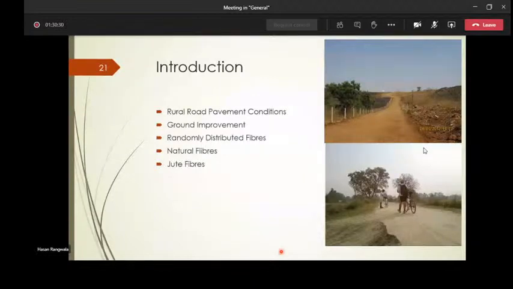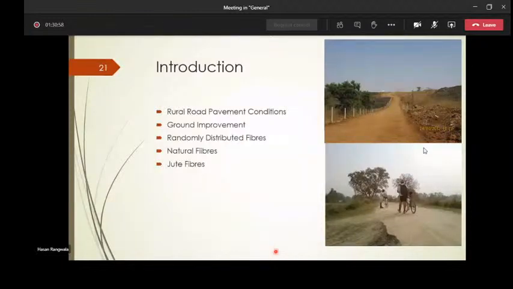Okay, instead of that, if I can improve these conditions, then I can use some fiber, which is natural fiber available in the vicinity. Then you can surely improve the life of this pavement. And second, you can reduce the thickness of subgrade if used in urban areas. Also, we can stabilize.